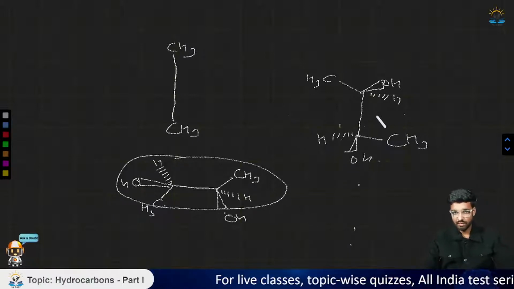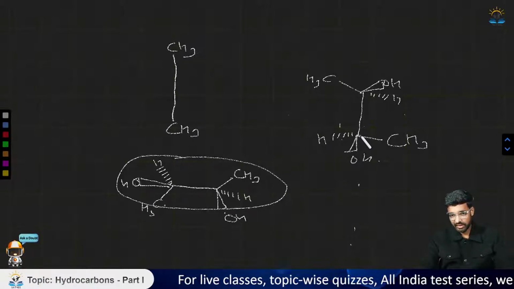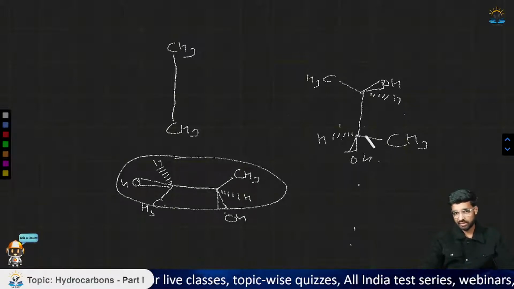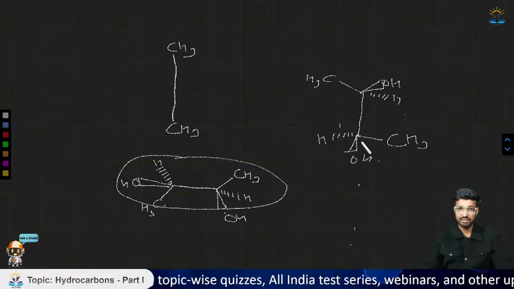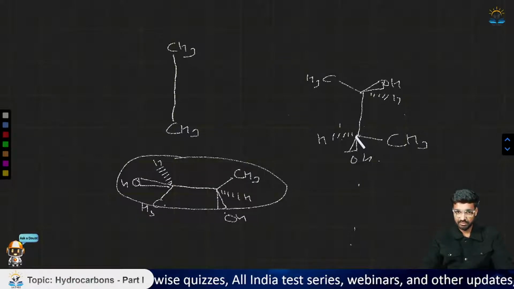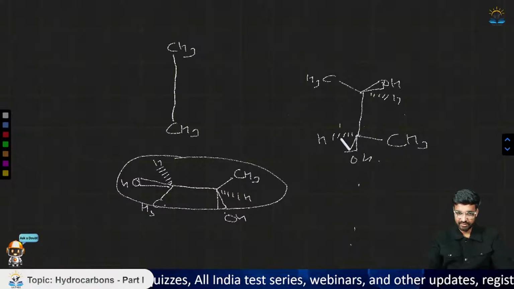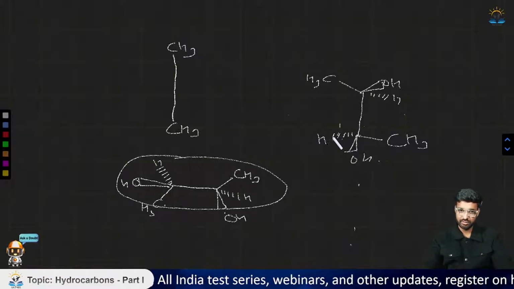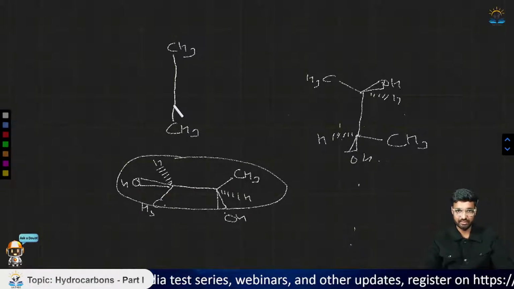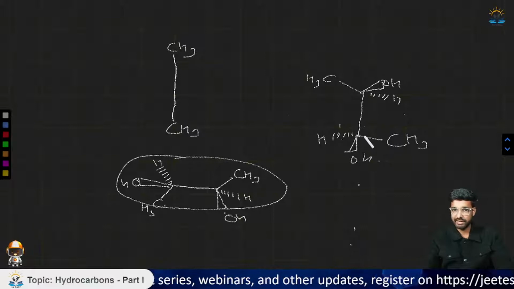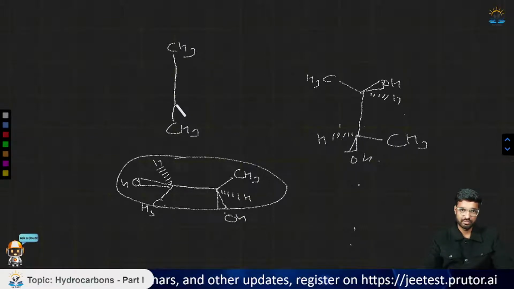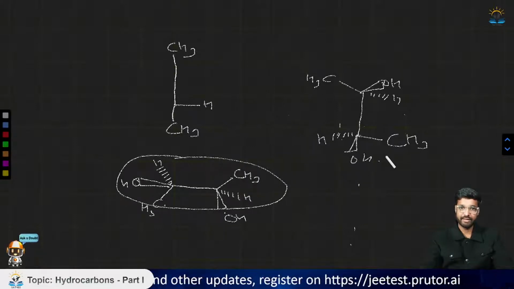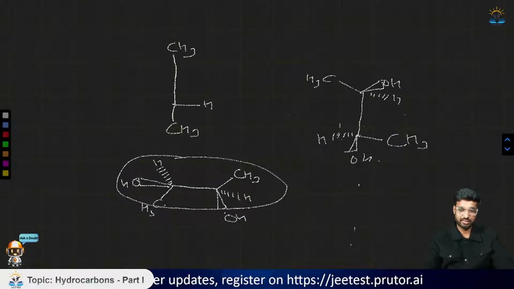Now we will see where this L is projecting. So this L is projecting on this side. If it is on the left side, then we will put this on the left side, which is pointing down. Sorry, this is on the right side, so we will put this dash one on the right side. That is CH3. That is H. Sorry, and OH on this side.